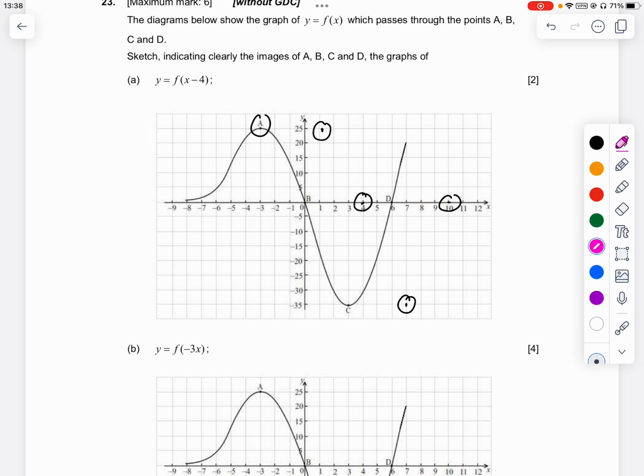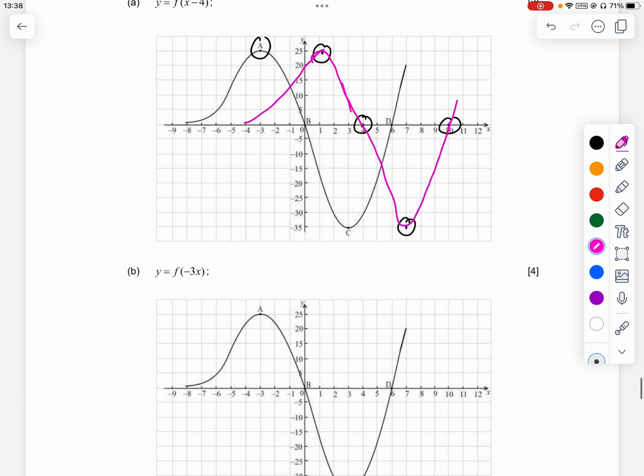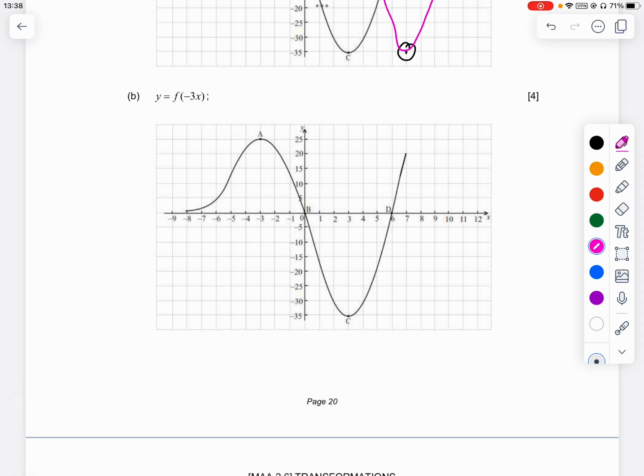So now join those points, approximate graph. This is going to be the shape of the graph. Now f of minus 3x means every x value is divided by 3, and also reflection on y-axis. First of all, what are the points?